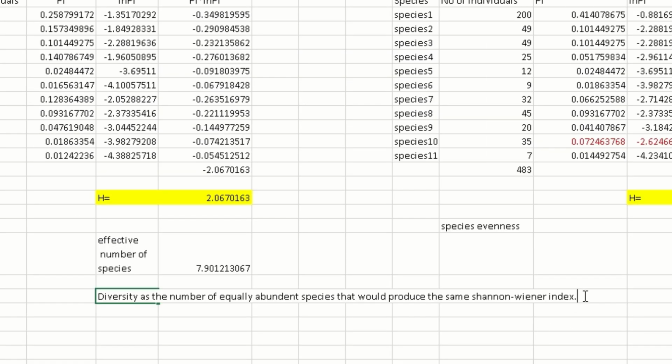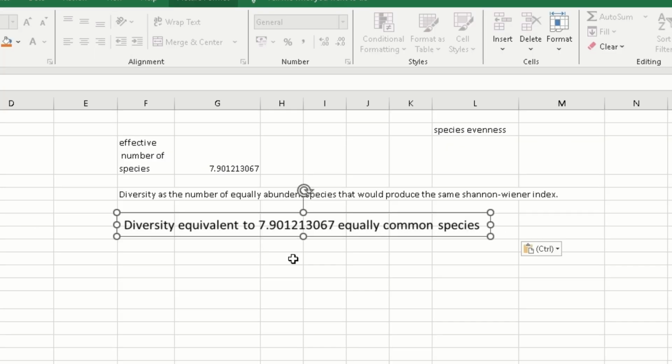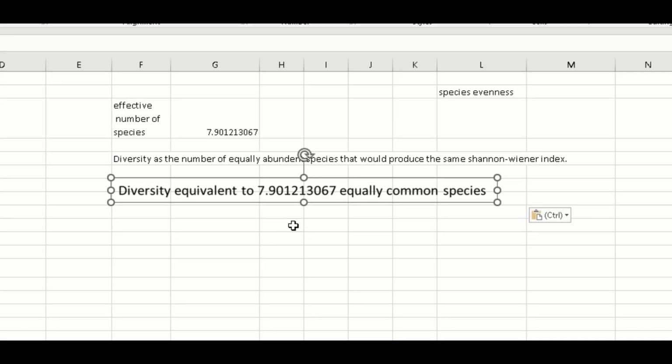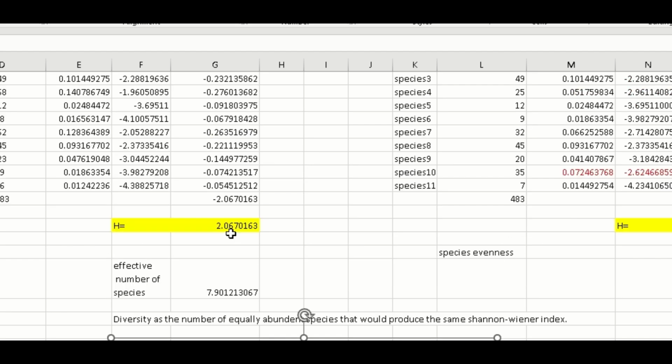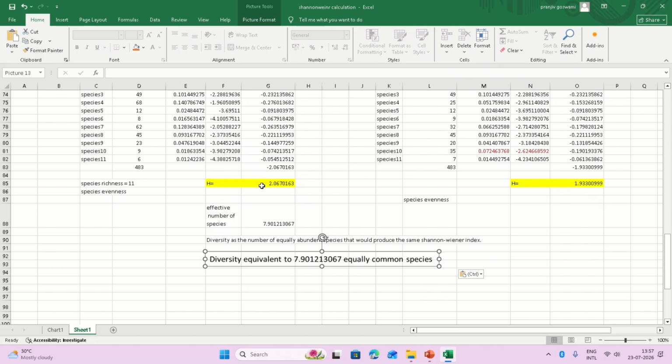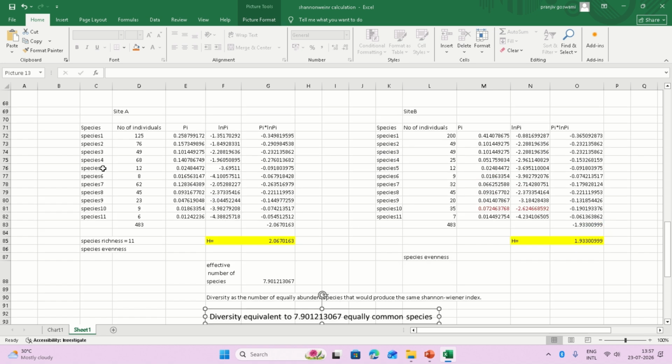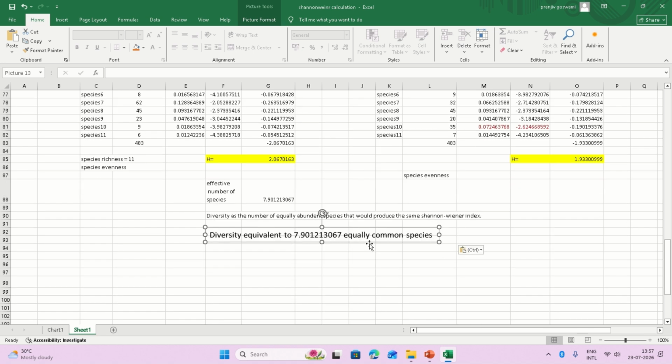That means a diversity equivalent to approximately 8 equally common species would produce the same diversity index. Although we have 11 different species, 8 equally common species would produce the same diversity index, that is 2.067.